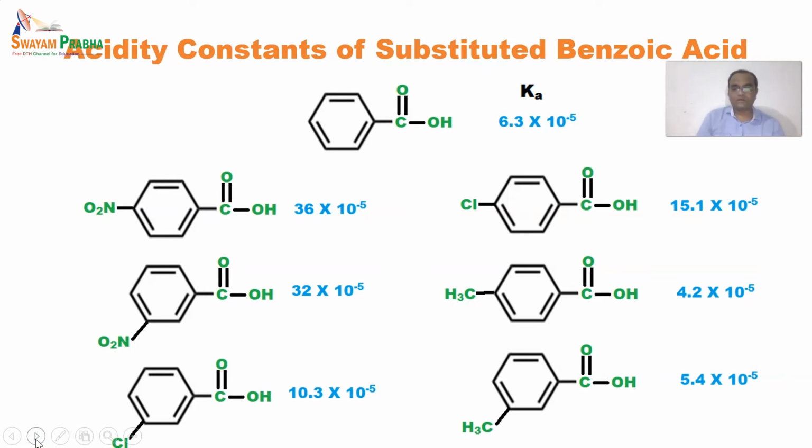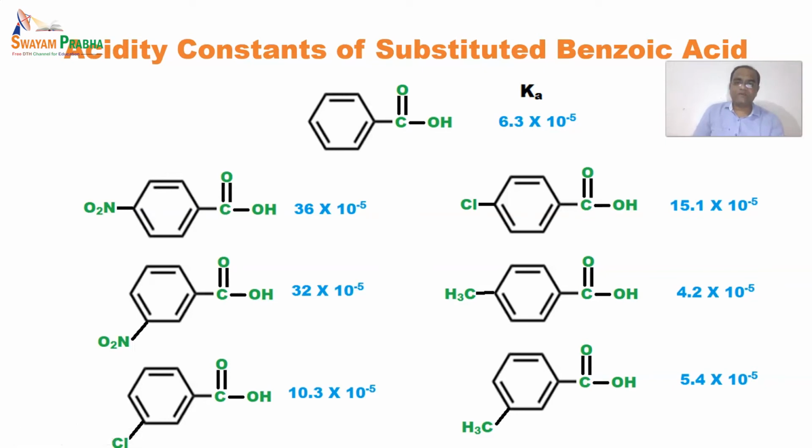The interesting thing to see here is that the position also affects the K values. It does matter whether the substituent is at the para position or the meta position; the value of K changes.